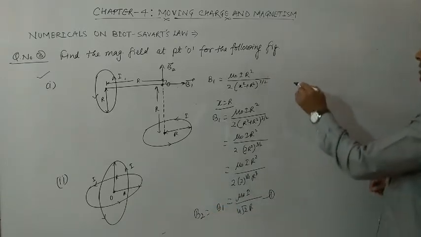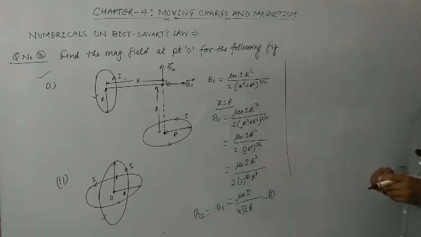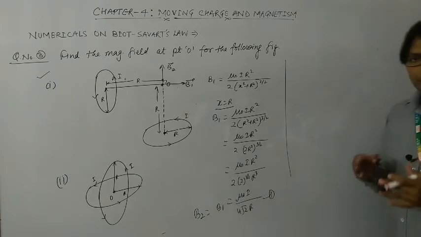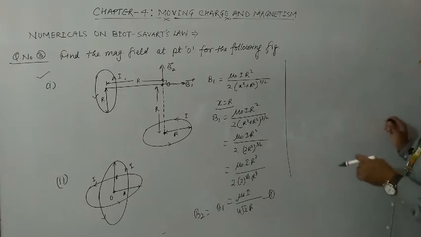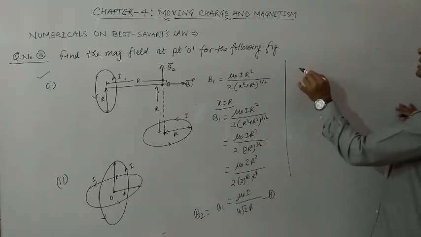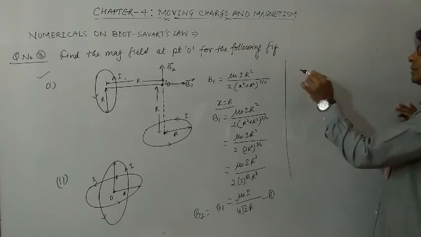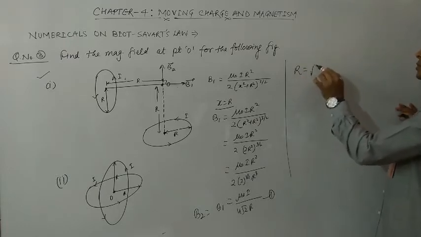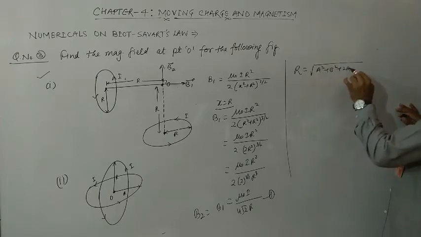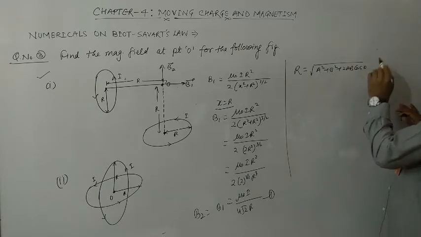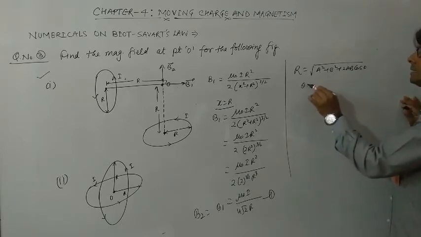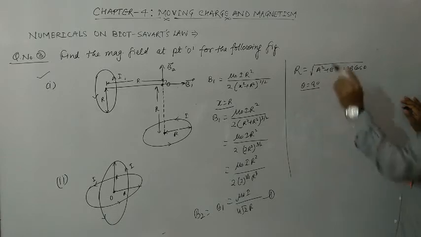So using the parallelogram method, or the formula of magnitude of two vectors having theta angle in between, the net magnetic field, or we can say resultant, is equal to root of a square plus b square plus 2ab cos theta. So theta is 90 degree between a vector and b vector.